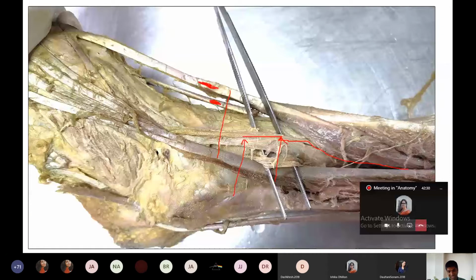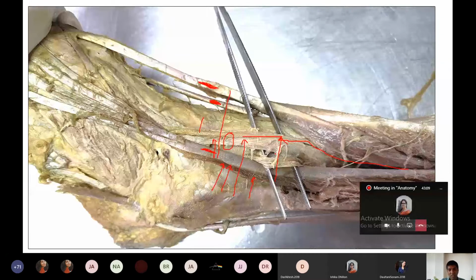This muscle is torn; the posterior fibers attached onto the extensor digitorum longus are of the peroneus tertius muscle. Here in between you can see the deep peroneal nerve, and this one is the anterior tibial blood vessels. Artery and veins are running together in the same fibrous sheath.